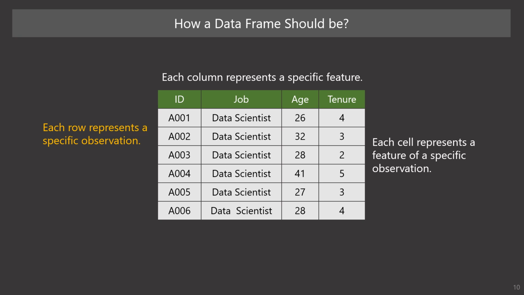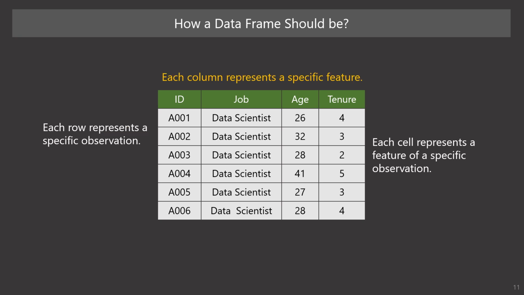In a data frame, each row should represent each observation. So, for example, if the data frame stores employee data, each row should represent one specific employee. If the data is product sales data, each row should represent each type of product. A row should not contain multiple observations.